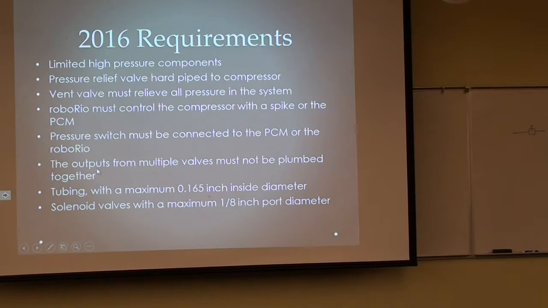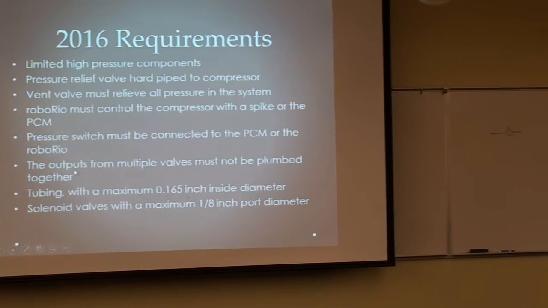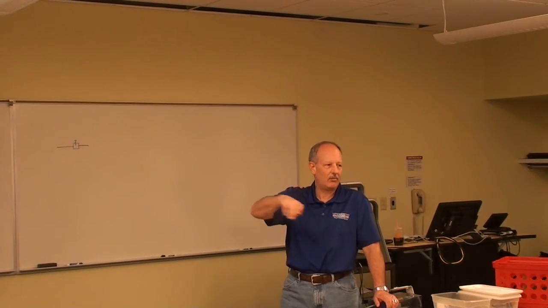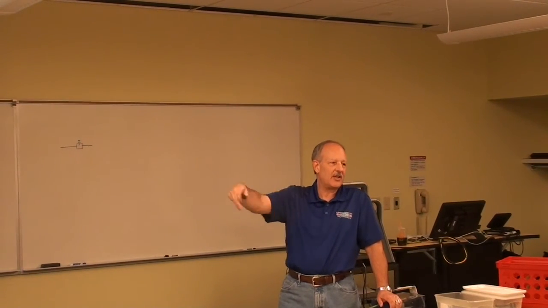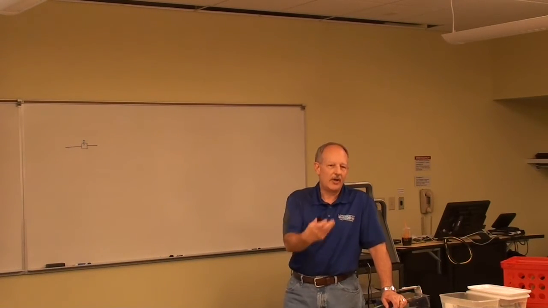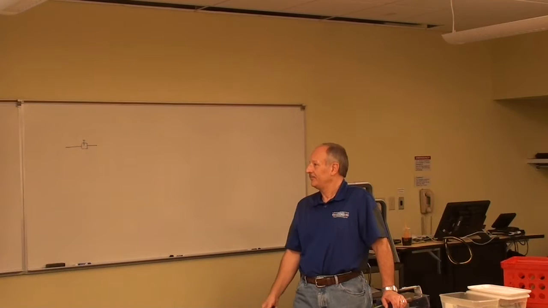If you're using a Spike, you have to turn the compressor on and off, don't you? Yeah, you have to write all that code inside your Robo-Rio, where the PCM embeds all that for you. You just tell it to enable, basically. When the robot comes on, it just does it. Oh, okay.